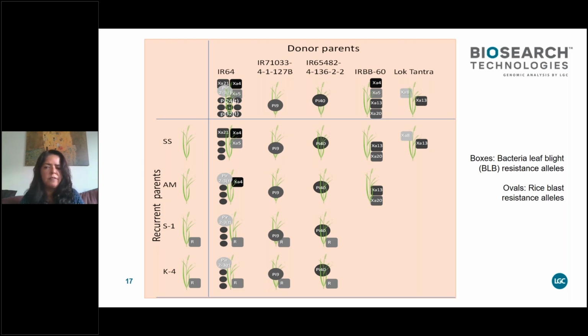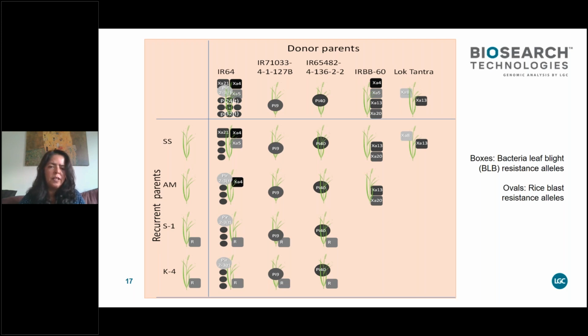Different combinations of Xa5, Xa4, Xa7, Xa13 and Xa21 were incorporated into popular commercial rice varieties. This was done using SSR and sequence tag approaches before, but our approach was to use a high throughput genotyping option using KASP, which would not only allow faster identification of progeny with potential disease resistance, but was able to carry out the genotyping before the next selection was taken in the field.